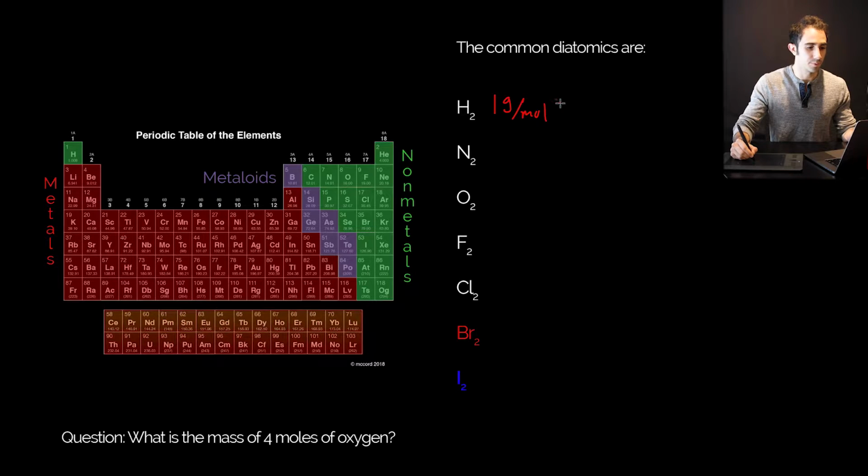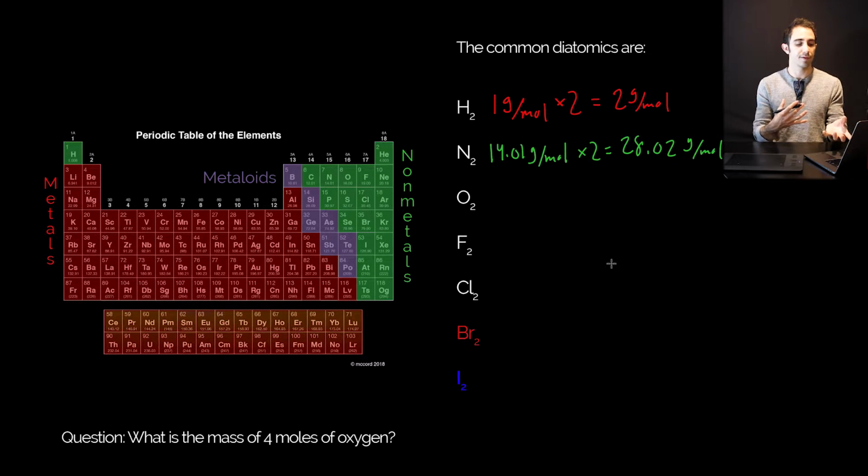So I need to multiply that by 2, and that's going to get me 2 grams per mole. Pretty straightforward stuff. So for nitrogen, for example, this is going to be 14.01 grams per mole, but I need to multiply it by 2, so that's going to be 28.02 grams per mole. And that can apply for any of these.